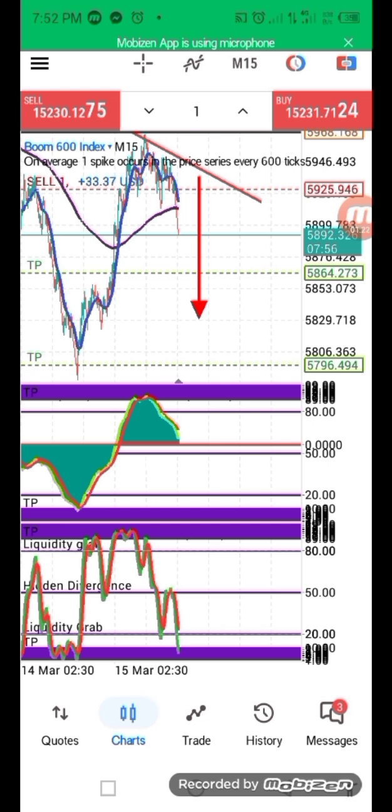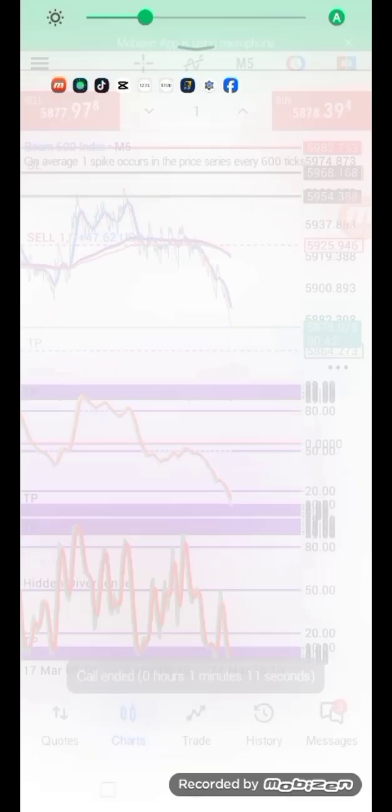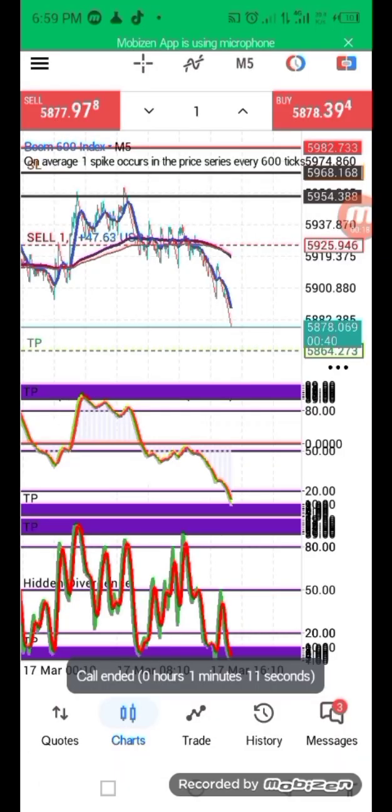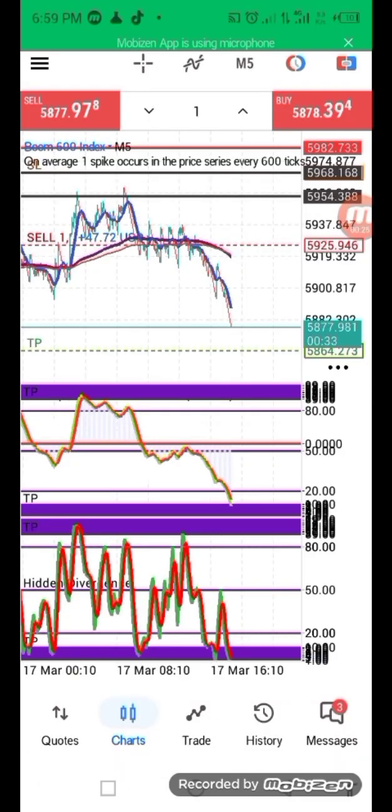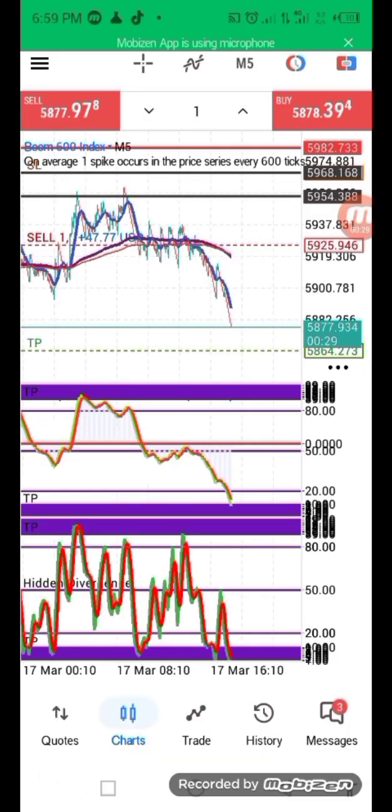Okay, let me update the group that TP1 has been hit while we wait for price to hit our TP2. I have been on this trade since Sunday the 15th of March, and today is Tuesday the 17th of March.